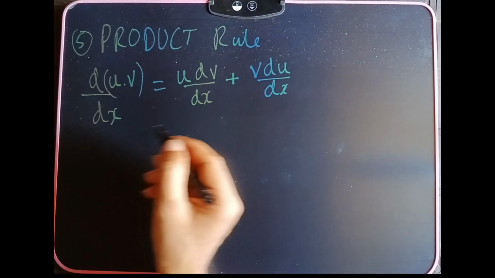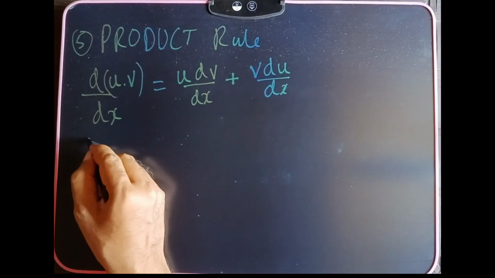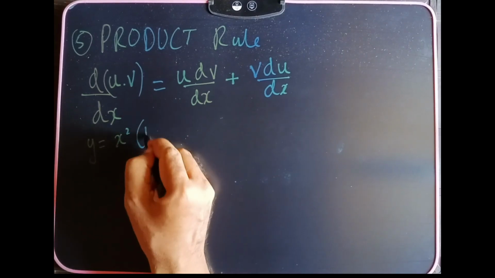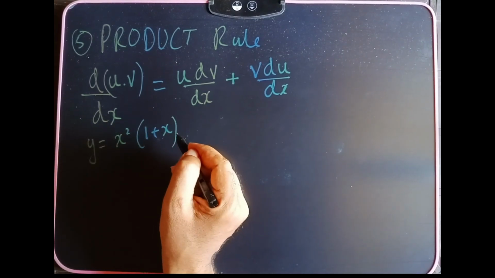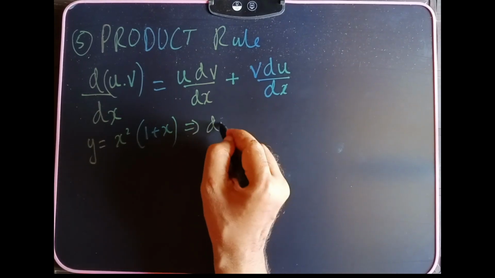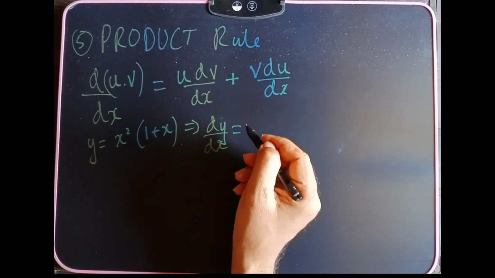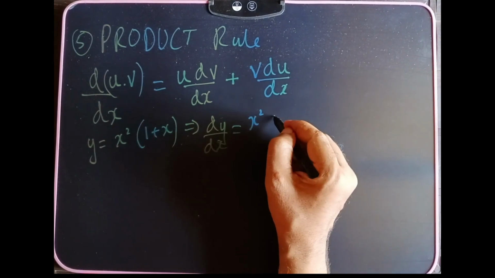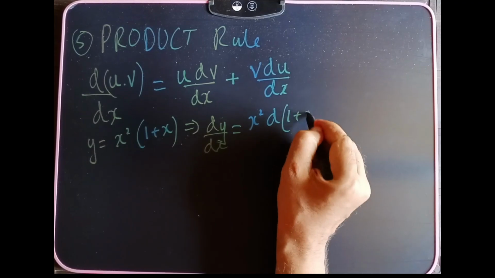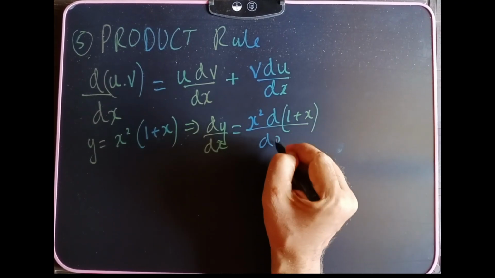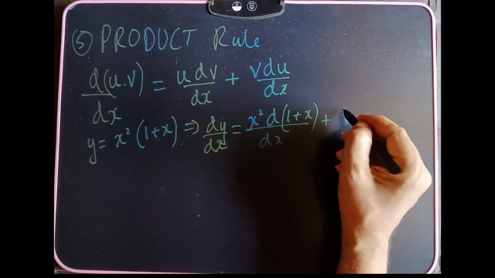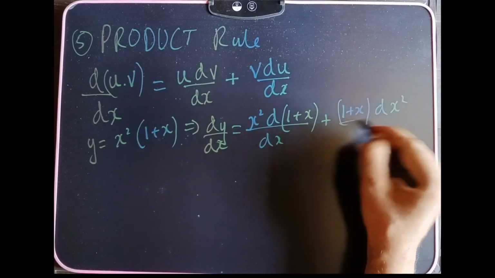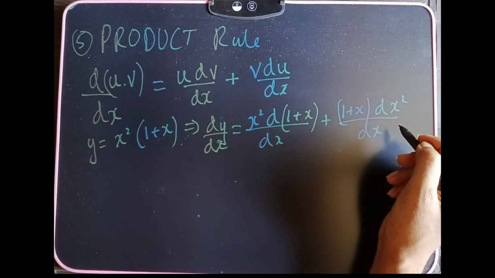We'll take an example: y is equal to x square times 1 plus x. The derivative dy by dx, using the product rule, will be x square kept outside, times the derivative of 1 plus x with respect to x, plus 1 plus x times the derivative of x square with respect to x.